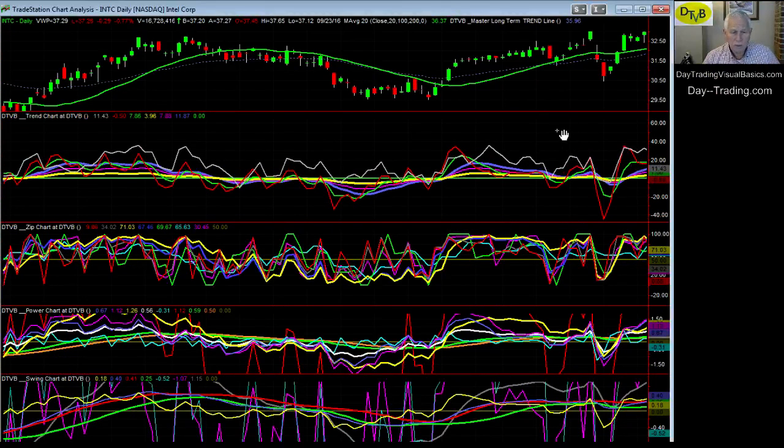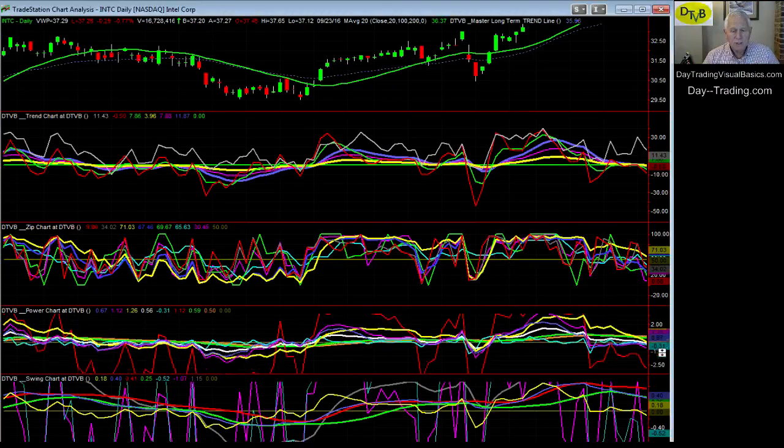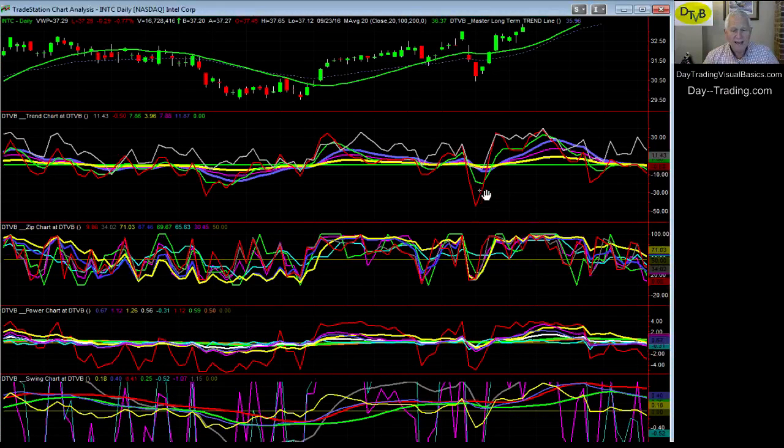Trend red up here on the top chart underneath the candles at the moment is one of your biggest ones to watch. Whenever trend red is under that 30 range, sometimes 40 range, it can reverse back up.